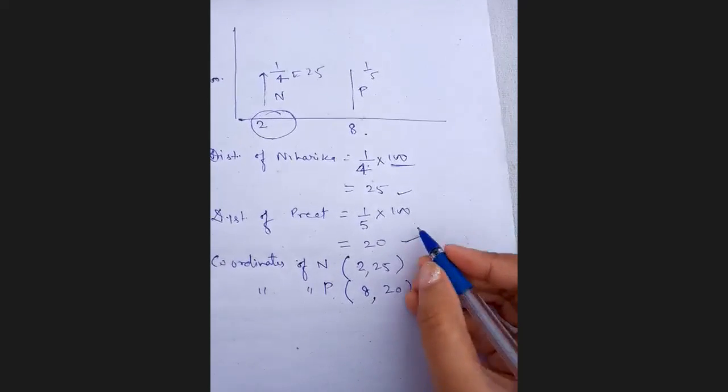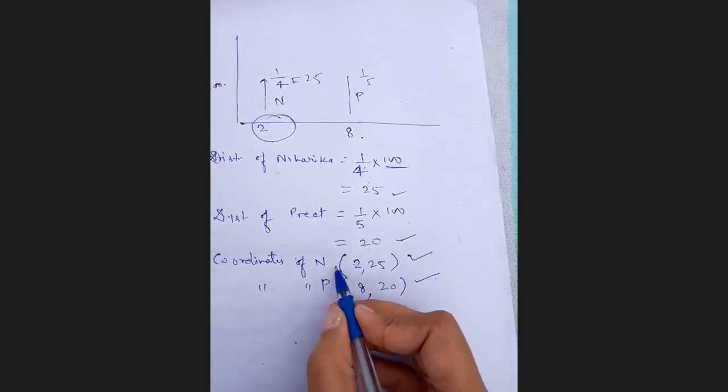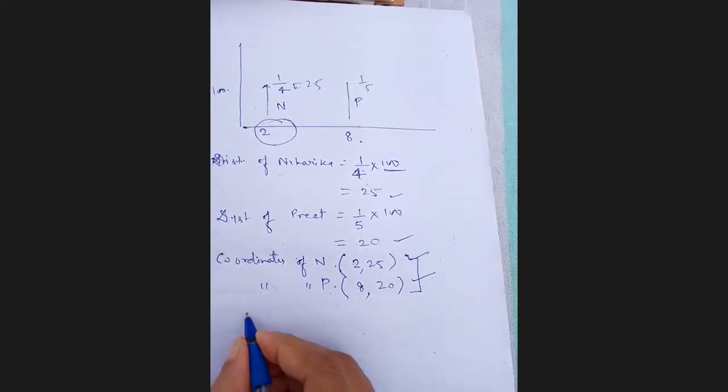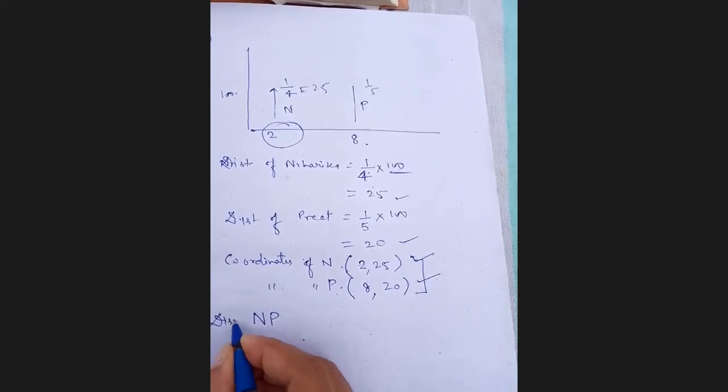Now here you have the coordinates of Niharika and P. What will be the distance of it? You know that you can find out easily. Now distance of directly NP. Okay.